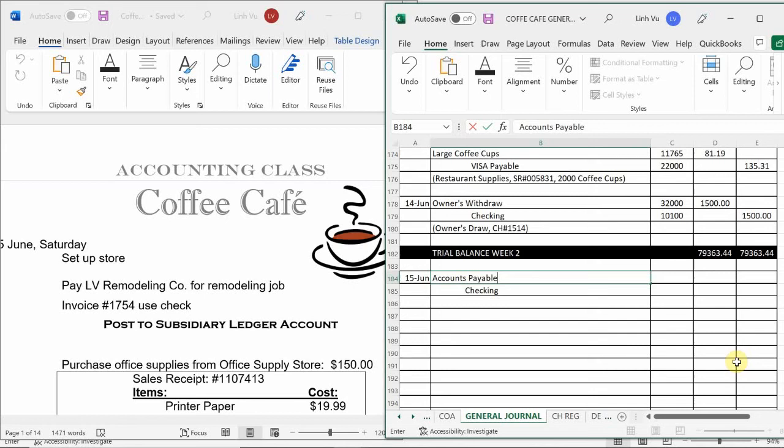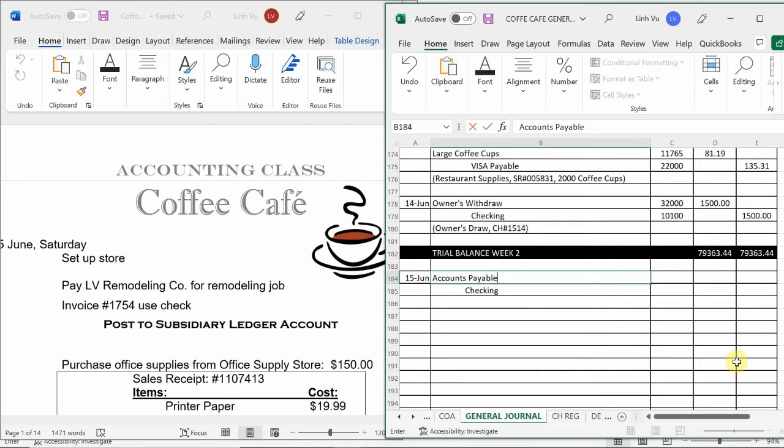We go into our operating expense. Not operating expense.